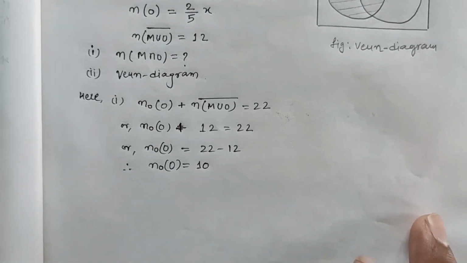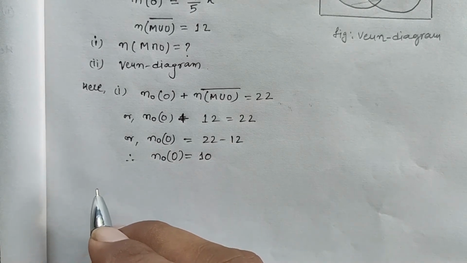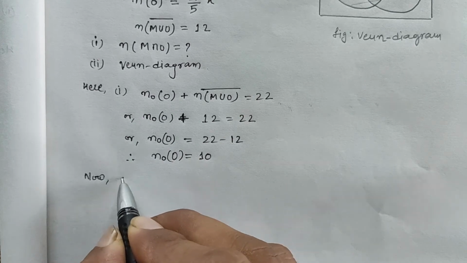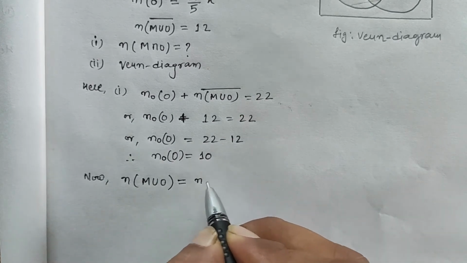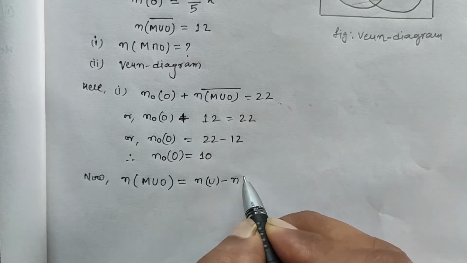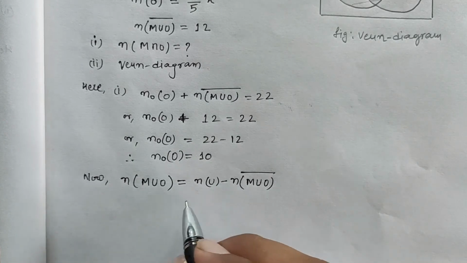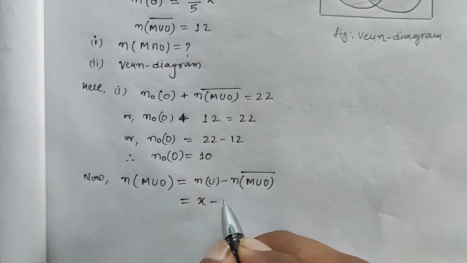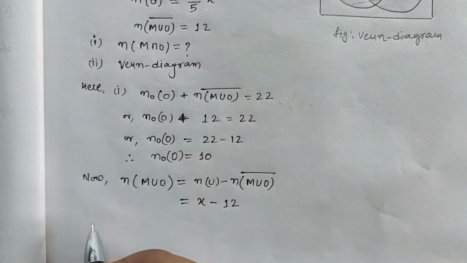After finding n only O, we have to find the union. n(M union O) is n(U) minus n((M union O) complement). n(U) we let be x, and the complement is given as 12.